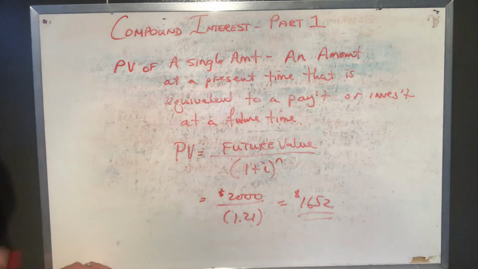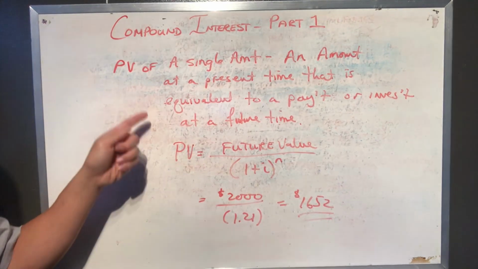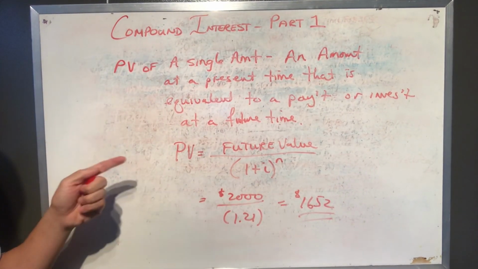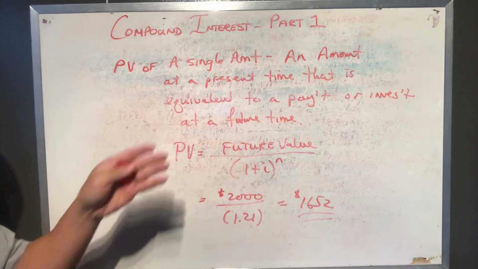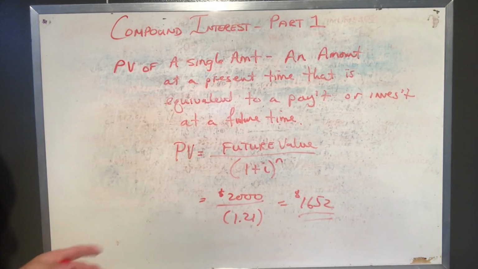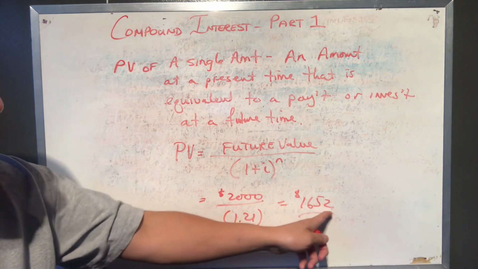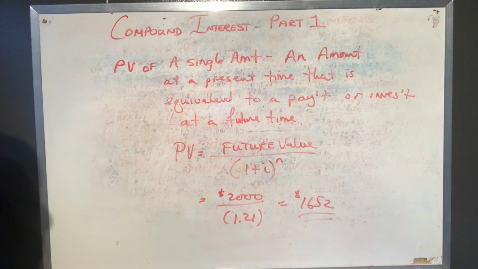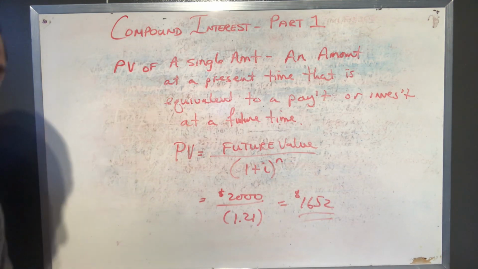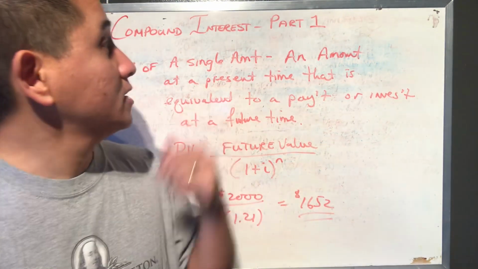So if $2,000 was the future amount 2 years from now, if we discount it back based upon 10% and compounding periods of 2 years, this is how much it would be at the present moment, $1,652. So this is compounding interest.